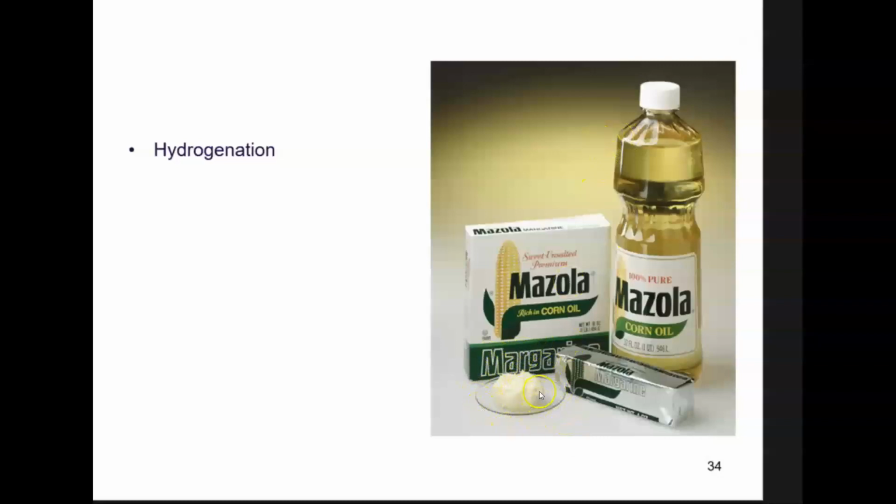Well, in the morning, you want to, say, spread butter on top of your toast, and butter is solid at room temperature. However, butter is derived from animal fat, and animal fat also has cholesterol, whereas plant fats do not have cholesterol. Plants do not have the enzymes necessary to make cholesterol.